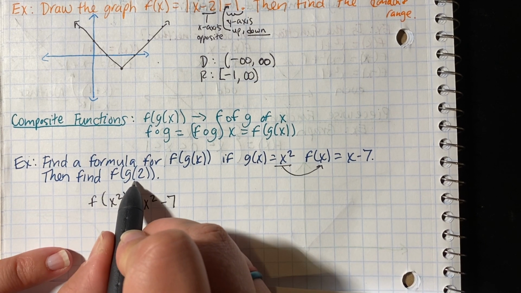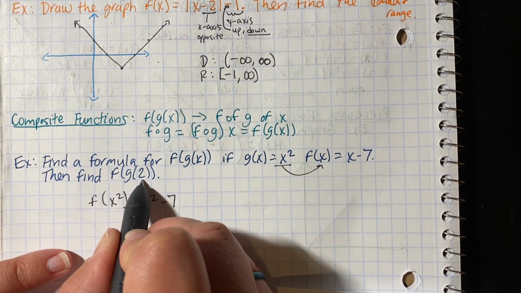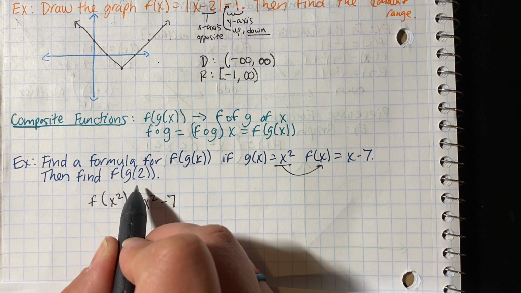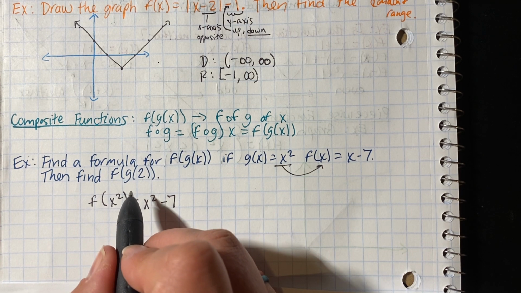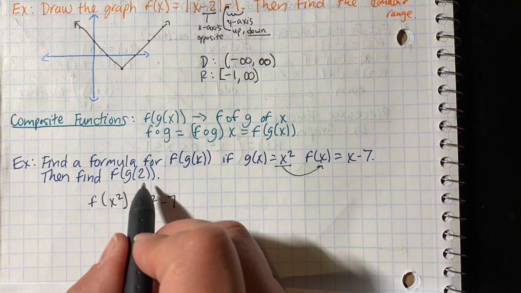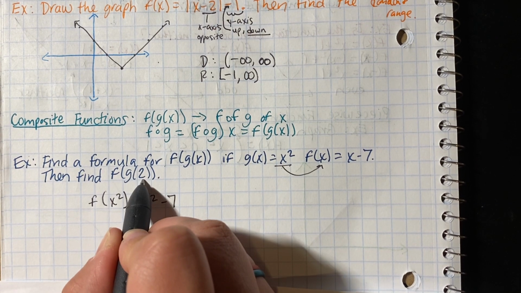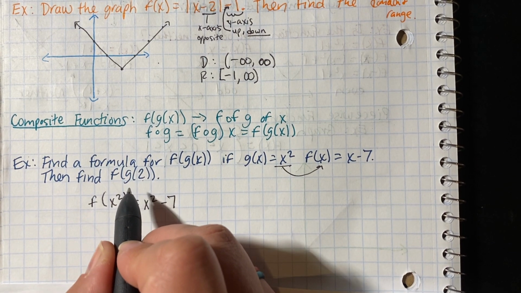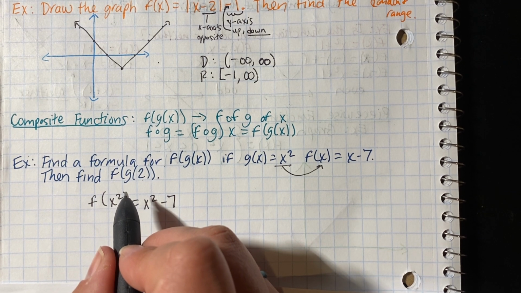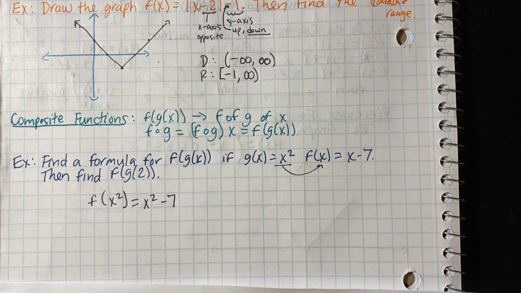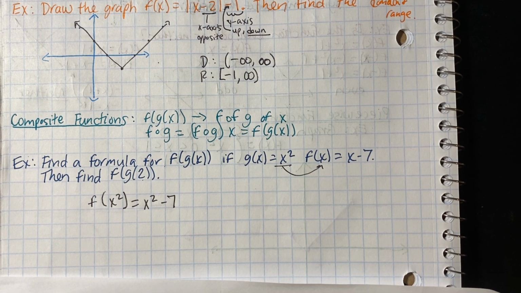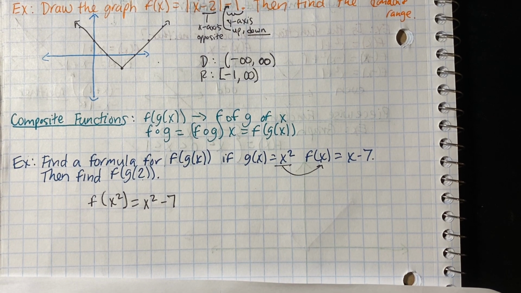Okay. All right. So now it wants to know what if we have g of 2. Okay. So what we can do is we can put, instead of here, we can put this 2. I'm just making sure I tell you the right thing to do. Okay.